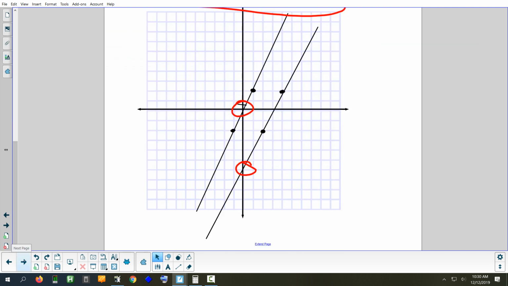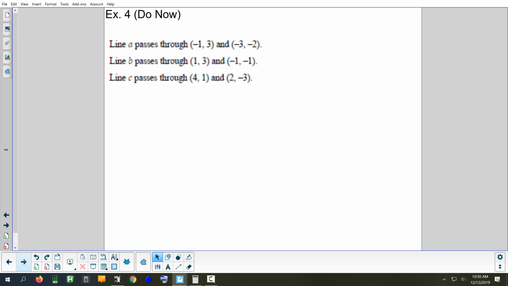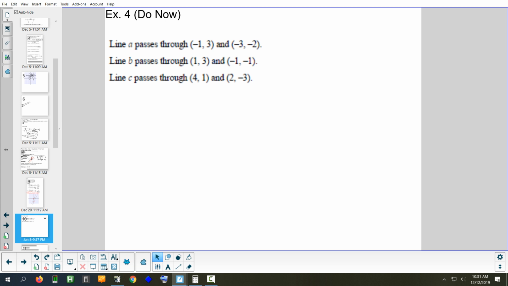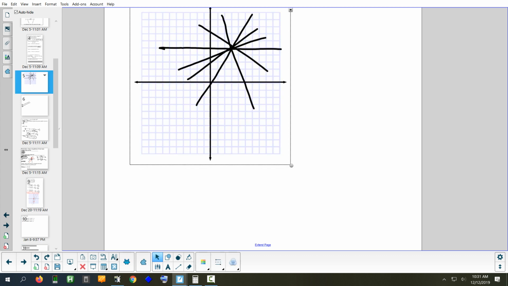Now, 4 is the same type. So I'm going to skip 4 because you'd have to do all the same stuff again. Find all the slopes, see if 2 of them are the same, and if they are, use a little scrap piece of graph paper, graph the 2 lines, put the dots, and put a line through them. Just make sure you don't end up with something like this.